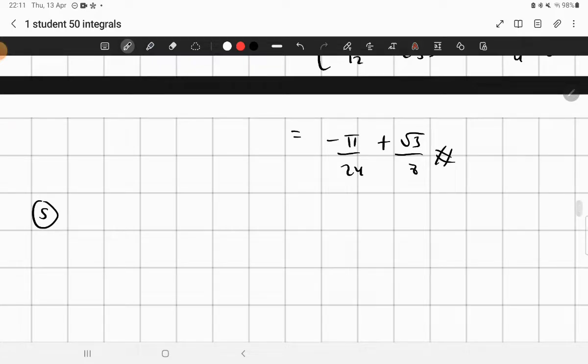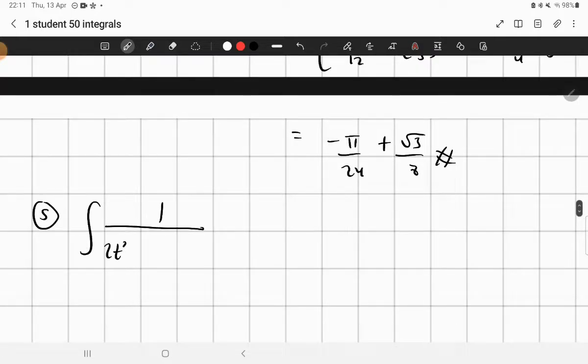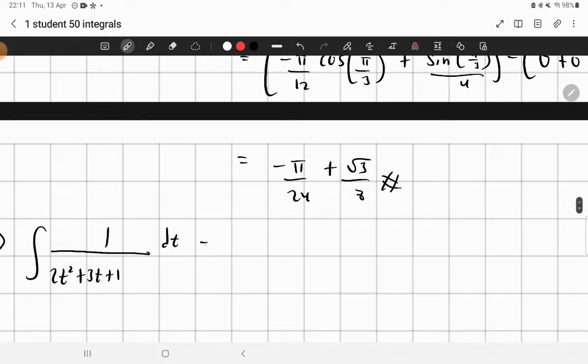Question 5: they give us the integral of 1 divided by 2t squared plus 3t plus 1 dt. First things first, can we factorize the denominator? That's what I'm trying to find out first.